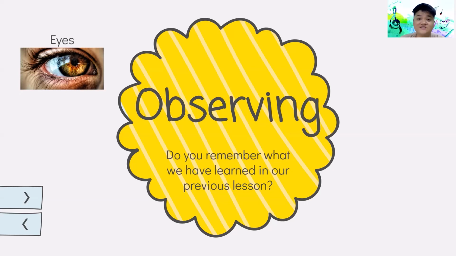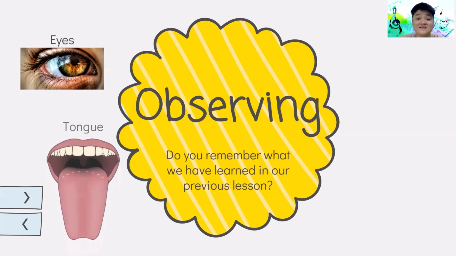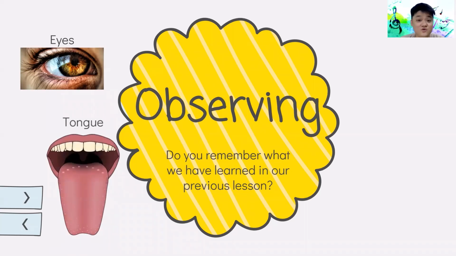You use your eyes to observe what people are doing around you, what is moving around you, and everything can be observed using our eyes. Very good. The next part of our body which we can use to observe is our tongue. Our tongue. We use our tongue to taste. We can taste for sweetness, sourness, saltiness, bitterness, and yeah, I think that's it.